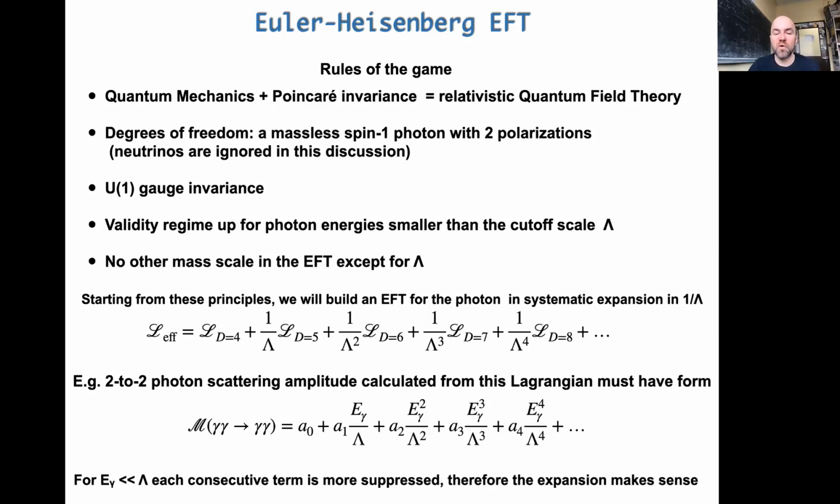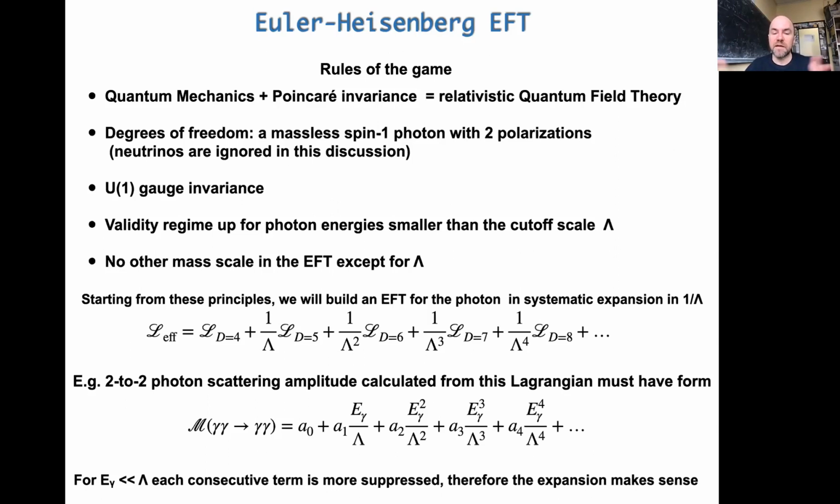We can build the Lagrangian in the following way. We first write down all dimension 4 terms that you can make out of the photon field. Then we make all dimension 5 terms, but for dimensional reasons, the dimension 5 term in the Lagrangian has to be suppressed by 1 power of the scale lambda, because the full Lagrangian has to have dimension 4.